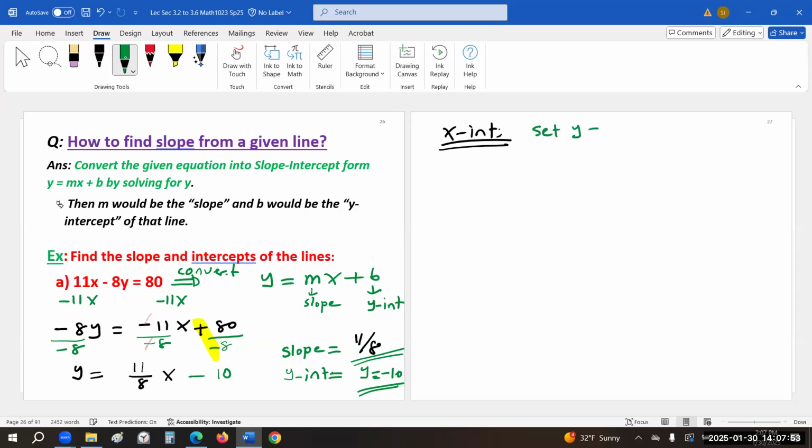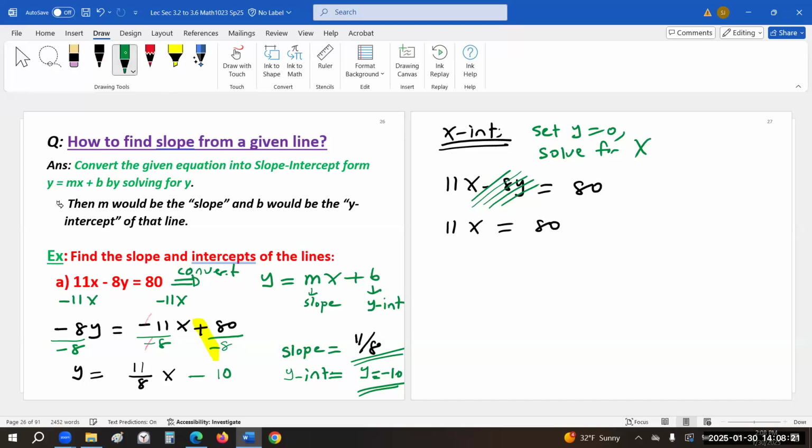We set y to be 0 and solve for x. And for that, the given equation is the best. So 11x minus 8y is 80. We don't want to see any y. So the entire y cancels out. What do we have now?